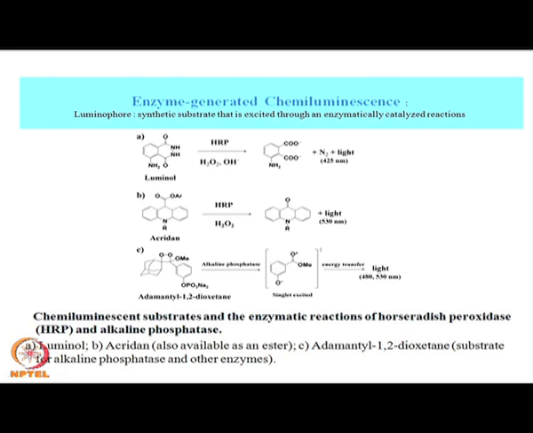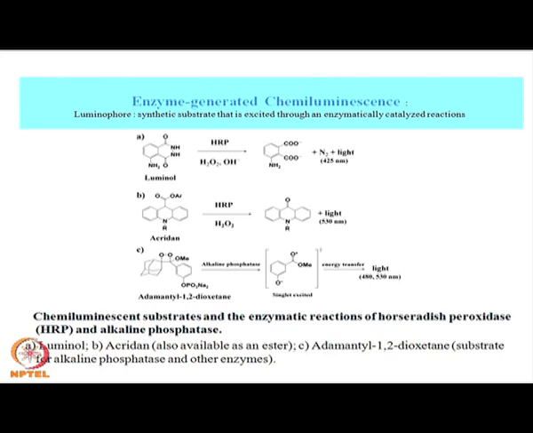This acridan is also available as an ester like this, and this is an important substrate as it is shown over here. So, you see that enzyme generated chemiluminescence and similar reactions are very important.